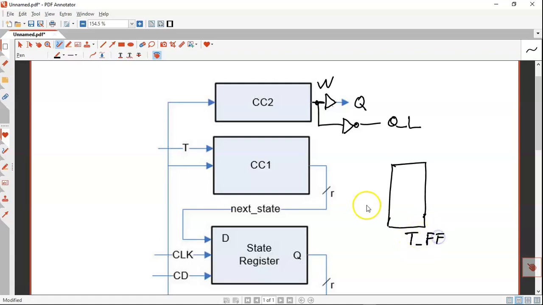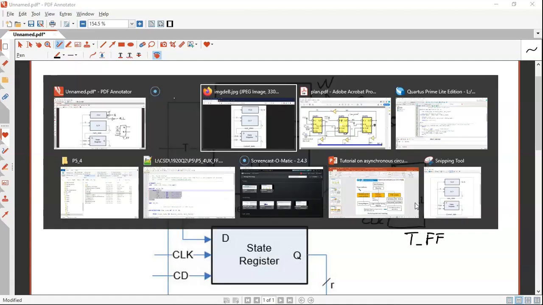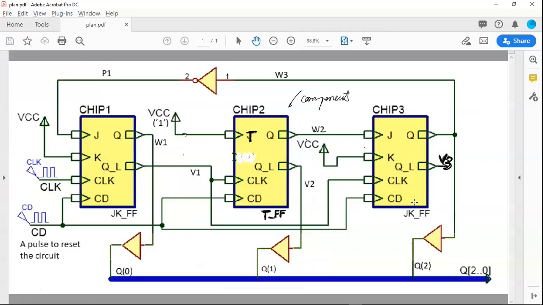So now the one that you are going to use has a clock, a clear direct, the T and the Q and the QL. Exactly the one that you need in the experiment that you are organizing, right? So that's the point.